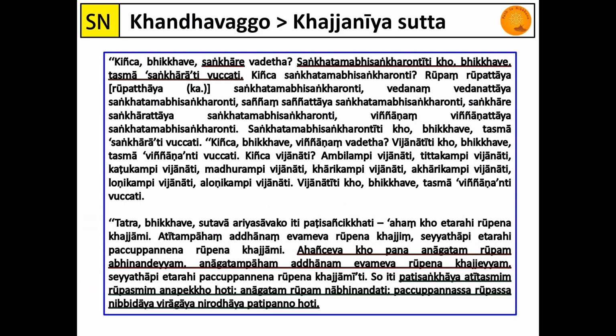Then we looked at what sankhara are. Sankhatang abhisankaranti iti ko bhikkave tasma sankarati vucchati. So that is what sankhara is. Abhisankaranti iti. So you do sankhata and then abhisankara. Therefore it is sankhara. Right? So that is how abhisankara happens.